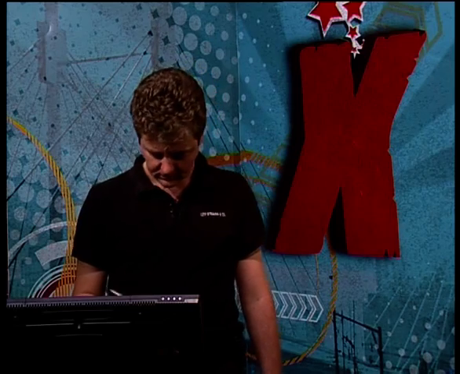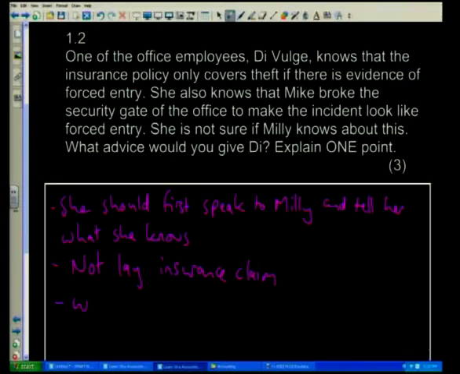So it would be good for Di to tell Millie about this incident to make sure that she is aware that her partner has done something dishonest. You may have heard of the term whistleblowing, and that's a term that comes up very often when we're discussing ethics. Whistleblowing just means that if you discover something unethical is happening in the business, you tell somebody else about it so that appropriate steps can be taken.